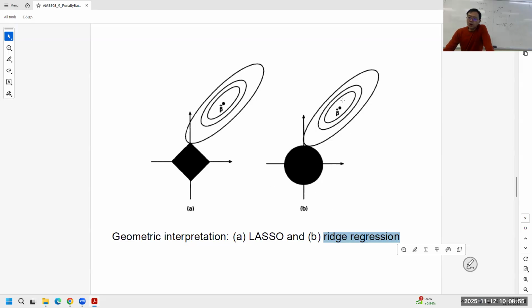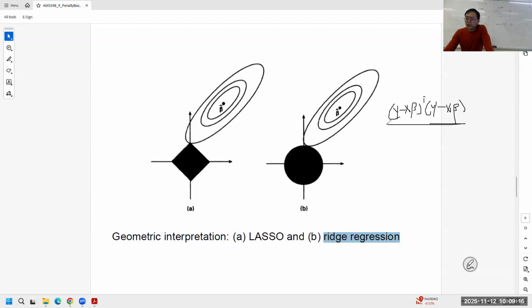Your loss function, or the error function, is equal to y minus x beta transpose times y minus x beta.